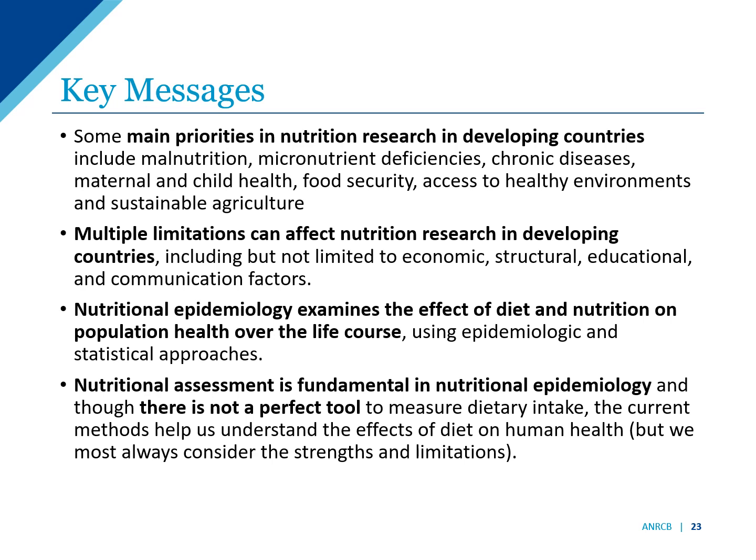And even though there are multiple limitations that can affect nutrition research, rather than focusing on that, let's focus on all the factors and things that we can do to improve nutrition research for not just our individuals, but our populations.